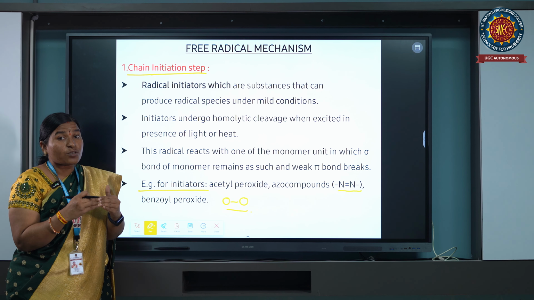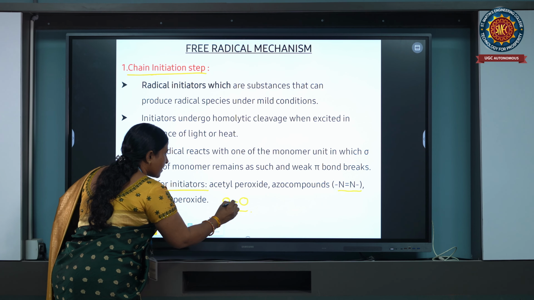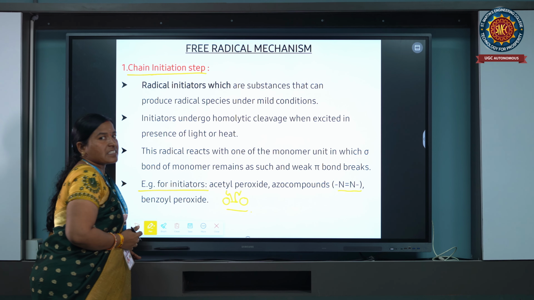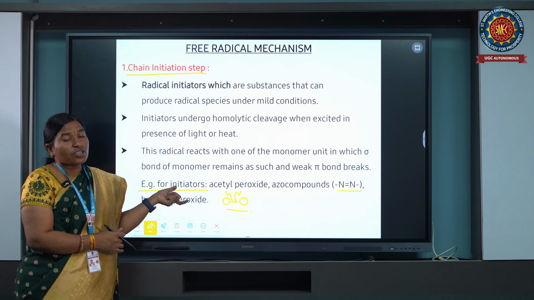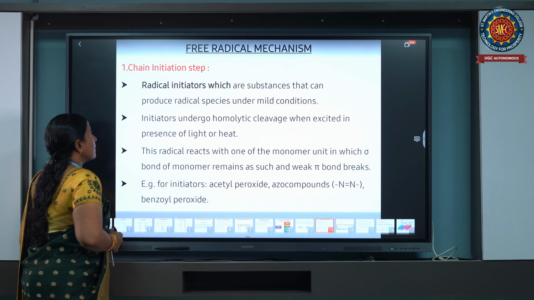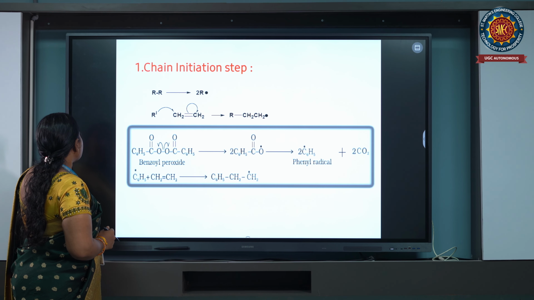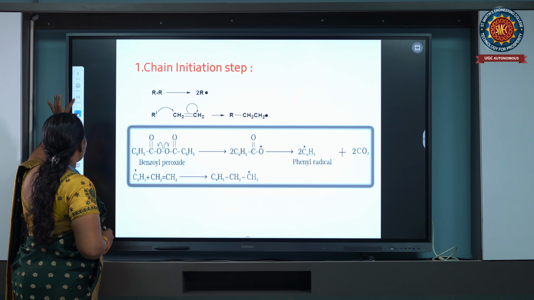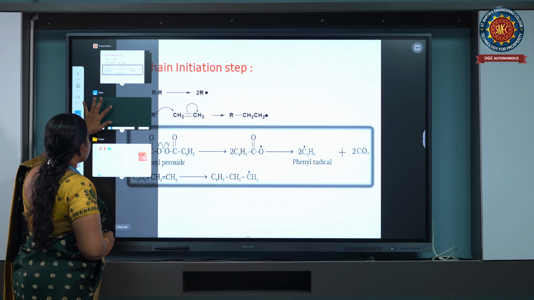These are the weakest bonds. They can form radicals in the presence of sunlight. So this type of initiator we are using here. Now let's discuss the chain initiation step.